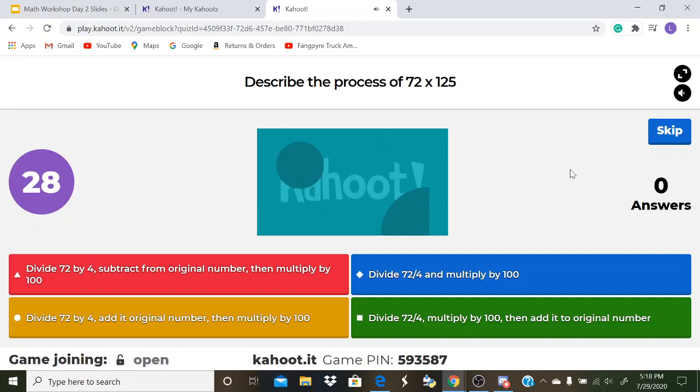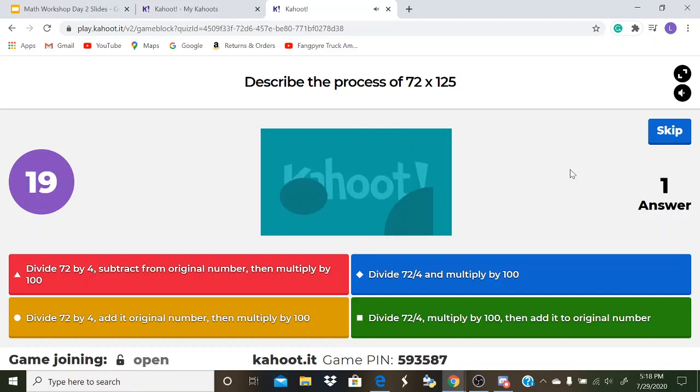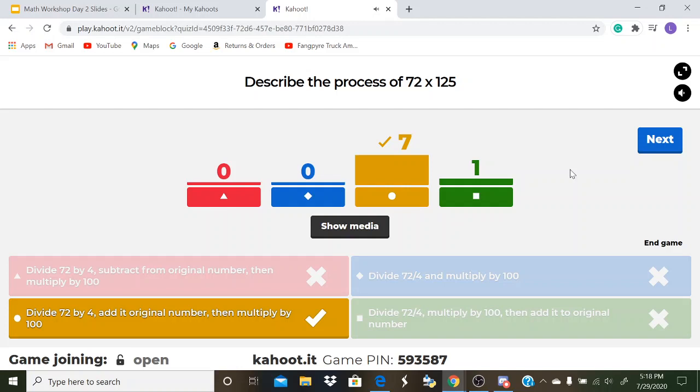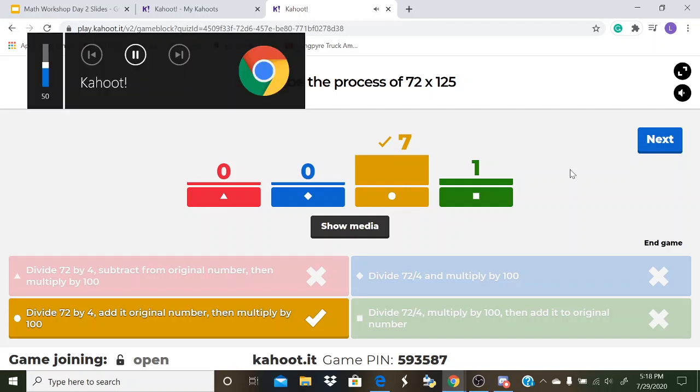Is this a multi-select? No, I don't think this one is. Oh, it froze again. It might be your internet, Lux, maybe.